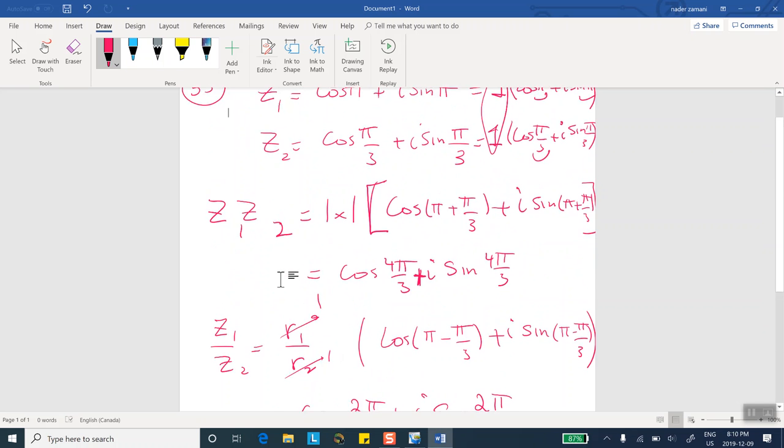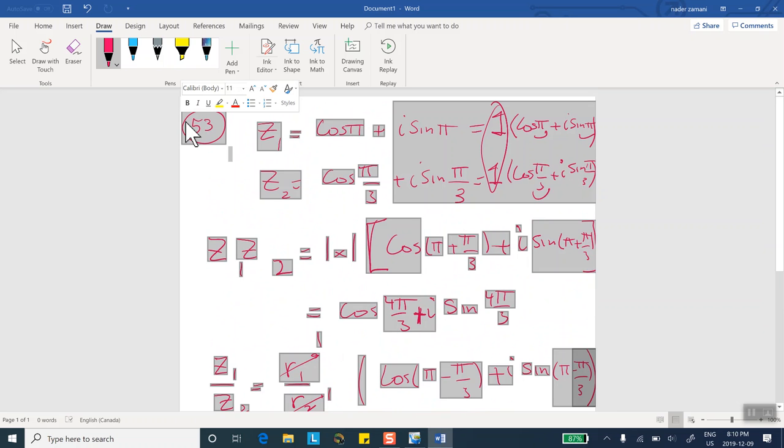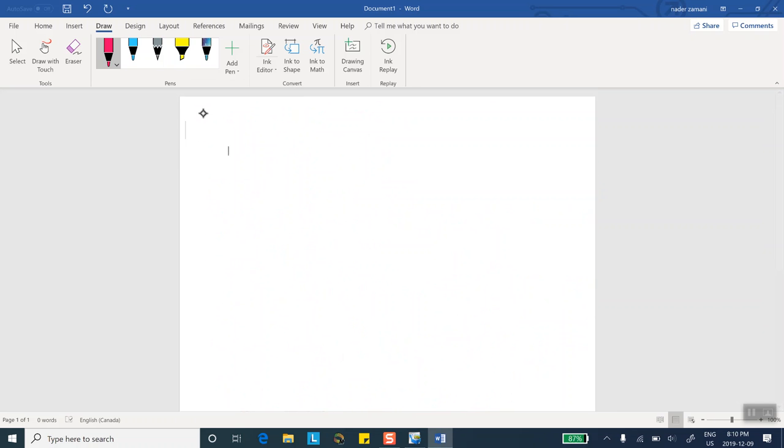Okay. And let's do number 54, and that wraps up this homework. Number 54. Same type of story, except that z1 is equal to cosine of pi over 4 plus i sine of pi over 4, which incidentally means that the modulus is 1.